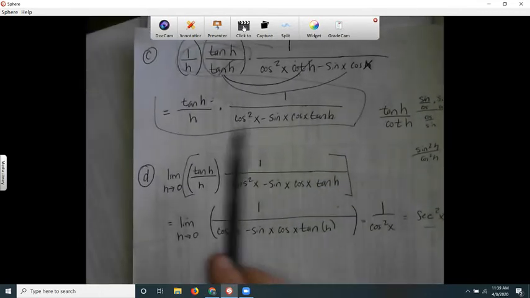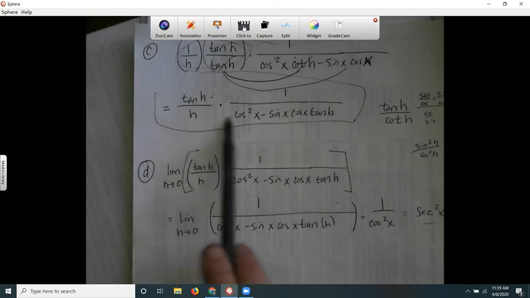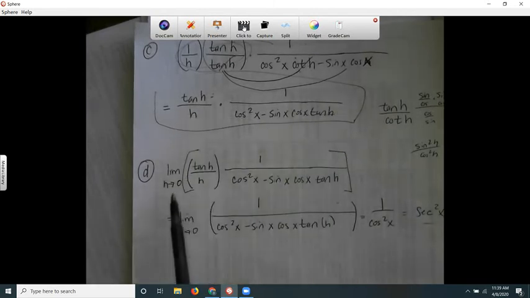So they want me to take the limit as h approaches 0 and my answer to part C.